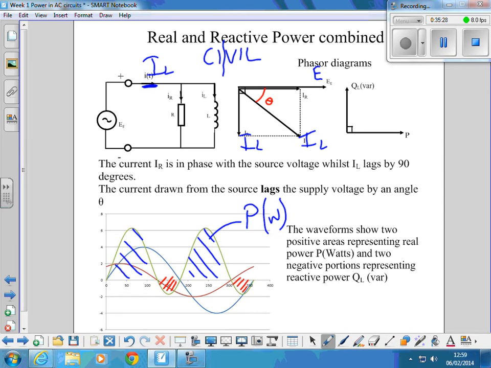But those two red bits down there are the Q measured in VAR. So this bit is using useful power. That's the inductor giving back power to the source, reactive power to the source. So these are active, they're reactive.